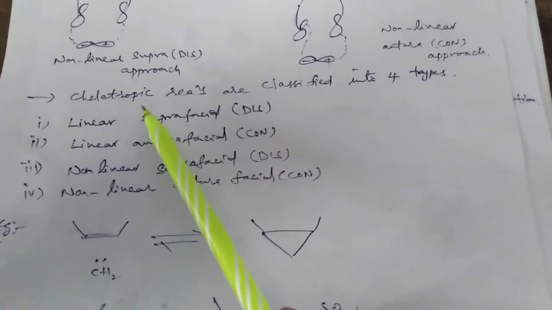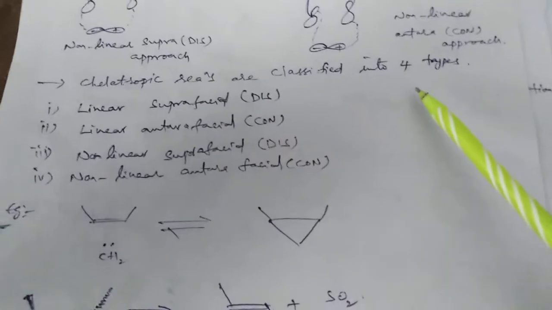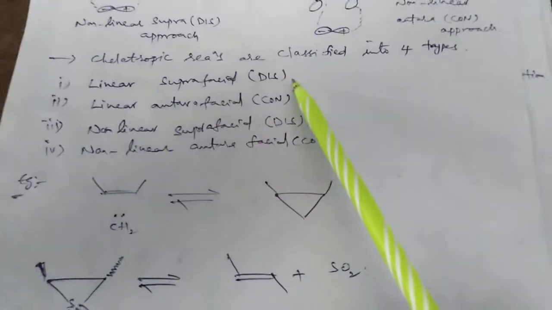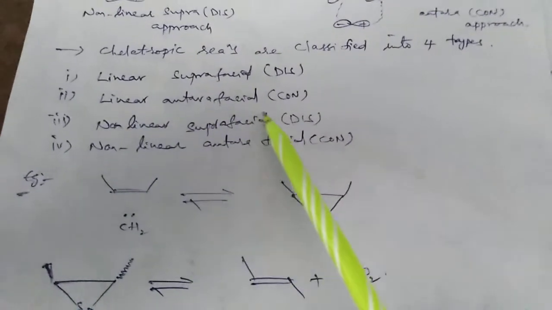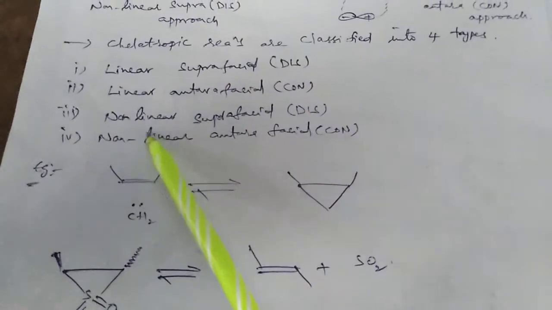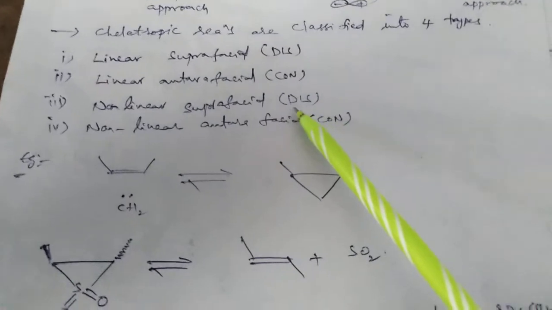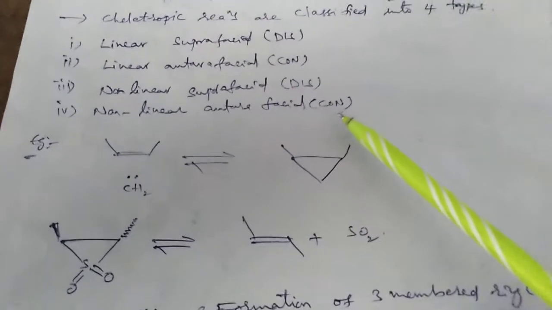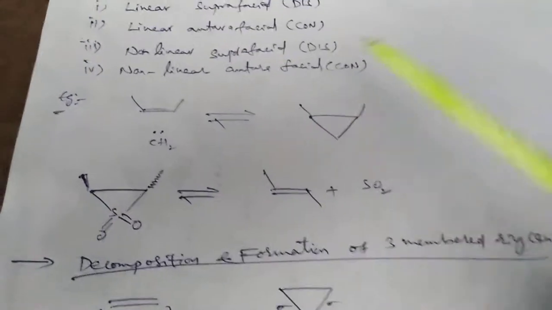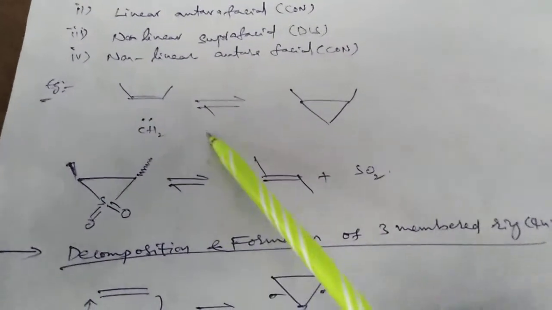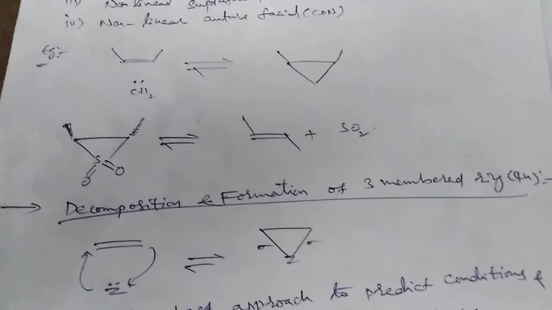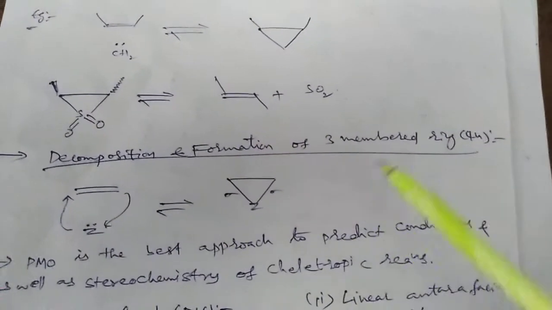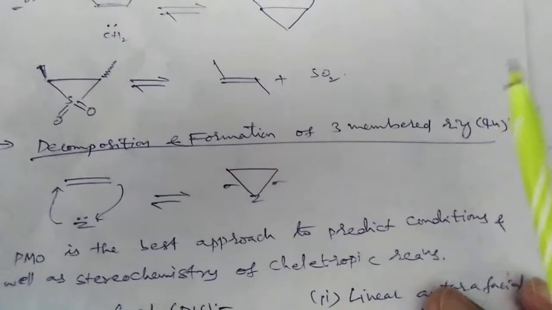Sigmatropic reactions are classified into four types: linear suprafacial, disrotatory; linear antarafacial, conrotatory; non-linear suprafacial, disrotatory; non-linear antarafacial, conrotatory. Example: an alkene reacts with carbene and develops a cyclopropane ring. The continuation is decomposition or formation of a three-membered ring.